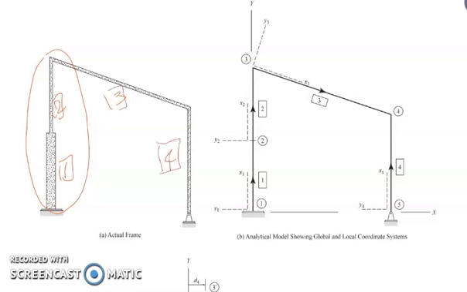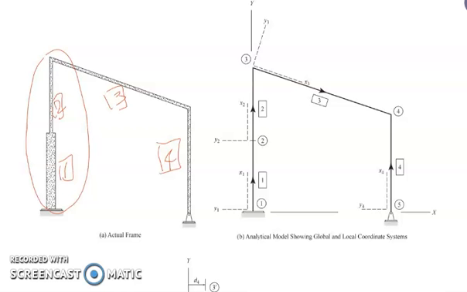So for this one, we have to identify our global and local coordinate system. We have to take note that the process of identifying the global and local coordinate system is similar to what we have done in our plane truss. On the same manner, for our global coordinate system, we consider the whole structure.